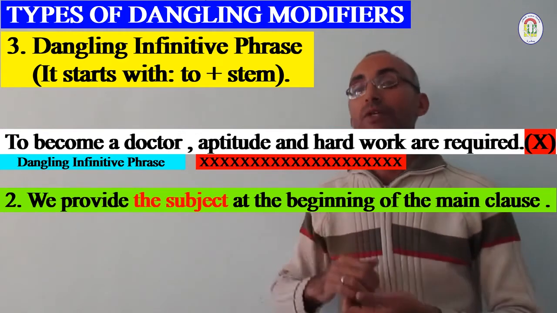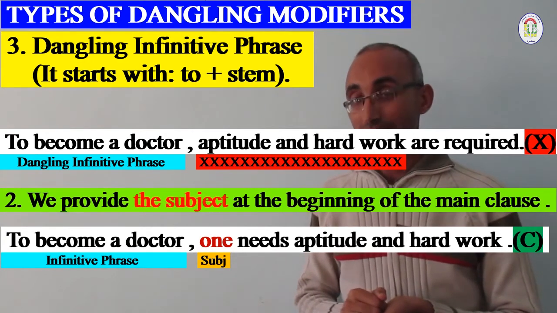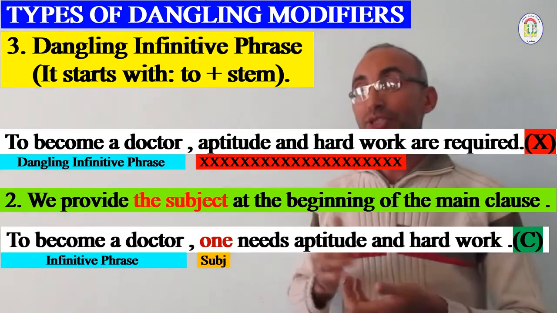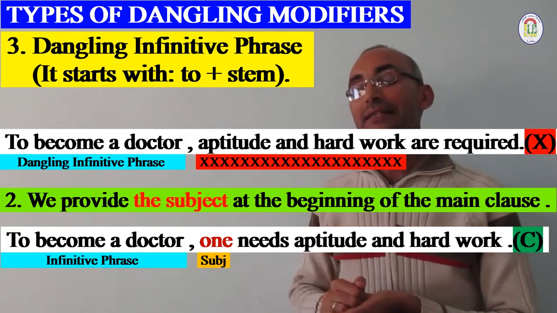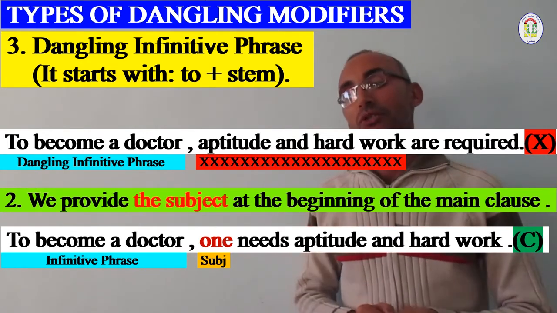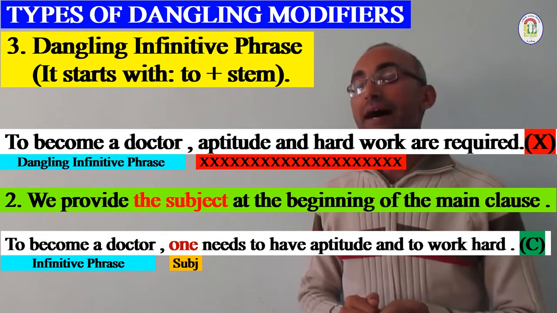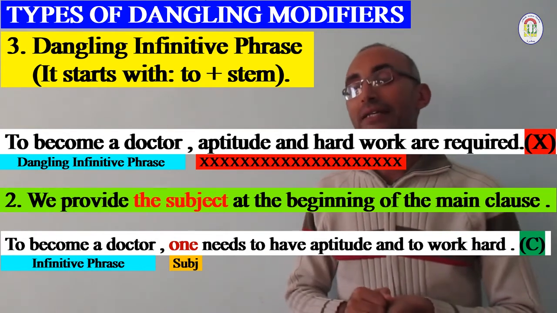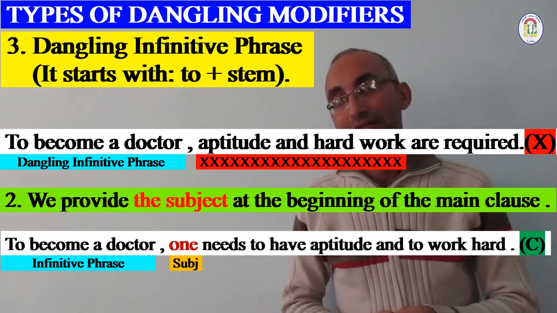And I write, to become a doctor, one needs aptitude and hard work. One needs aptitude and hard work. Or if you want to vary your sentence, you can write, for example, to become a doctor, comma, one needs to have aptitude and to work hard. Clear? And to work hard.